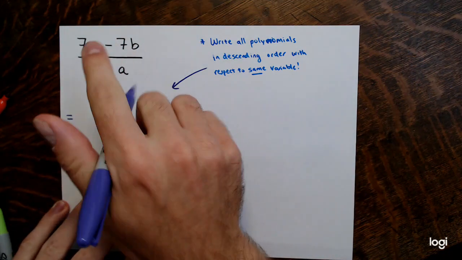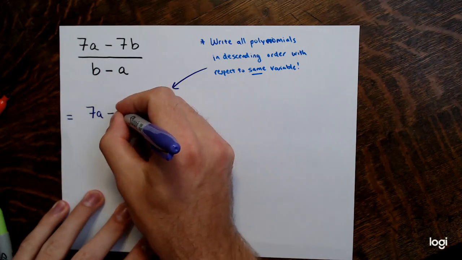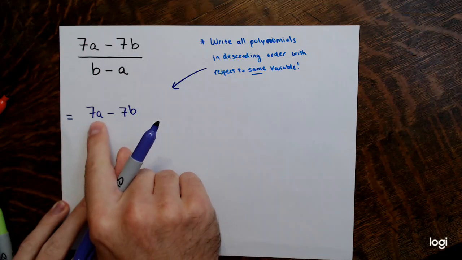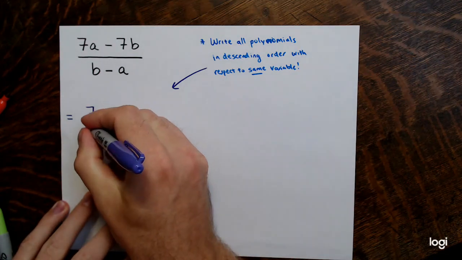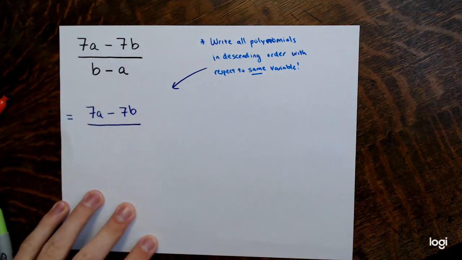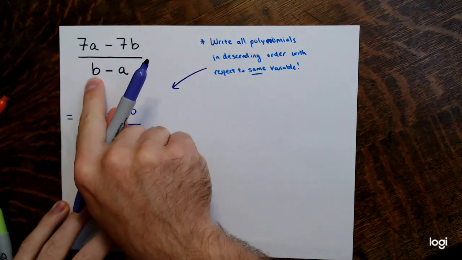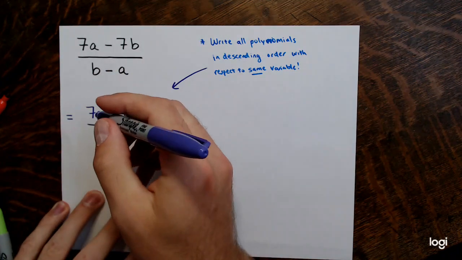So the numerator I'm going to keep 7a minus 7b. So that's descending with a. You have a to the first, then no a. It's the denominator I'm going to rewrite. Right now it's just descending with b's. I would like to have it descending with a's.